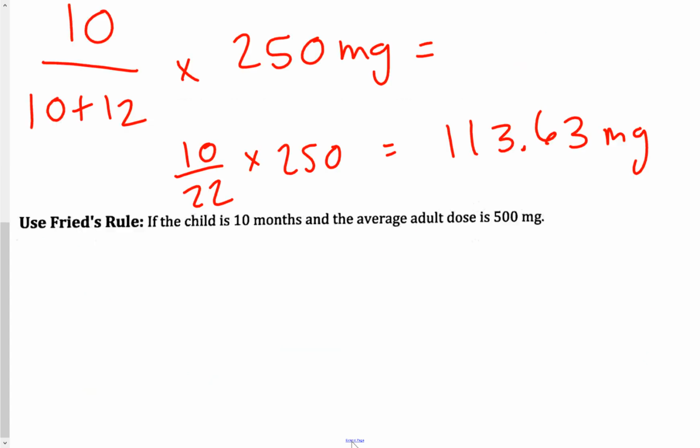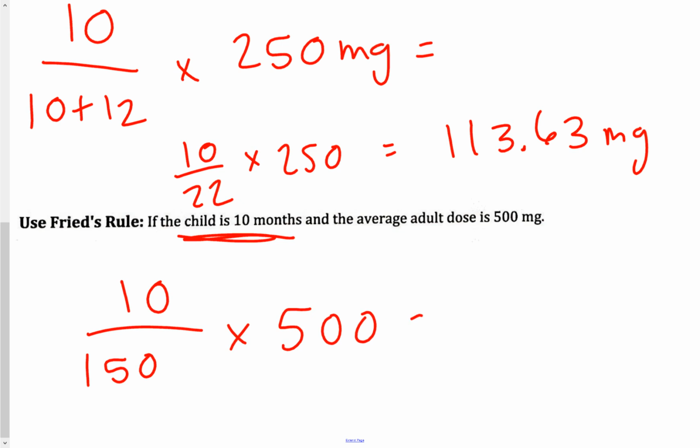Okay, last one. Use Fried's rule if the child is 10 months and the average adult dose is 500 milligrams. So right away we see that the child is 10 months. So they're under the age of, it's an infant up to 2 years old. So you're going to take the age of the child in months, which is 10 months, and you're going to put that over 150 pounds, and you are going to multiply that by the average adult dose.